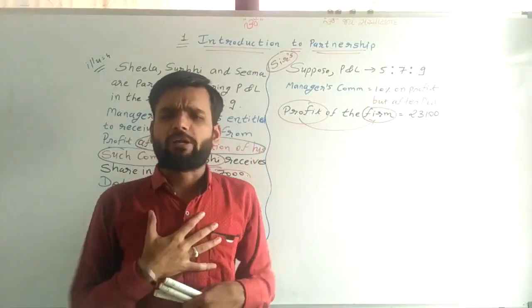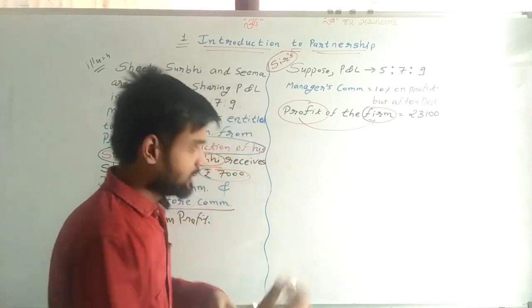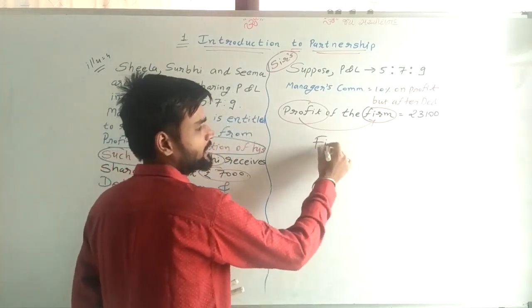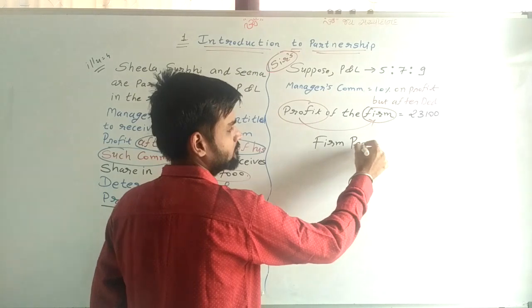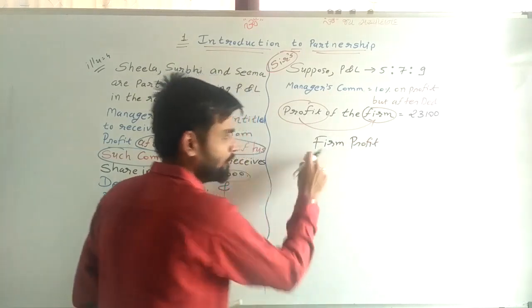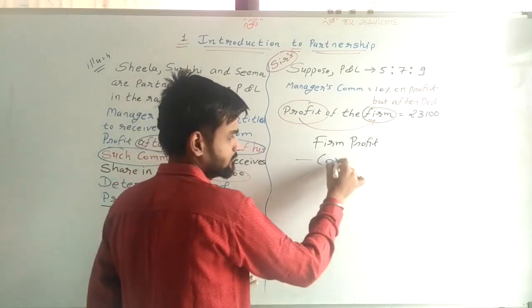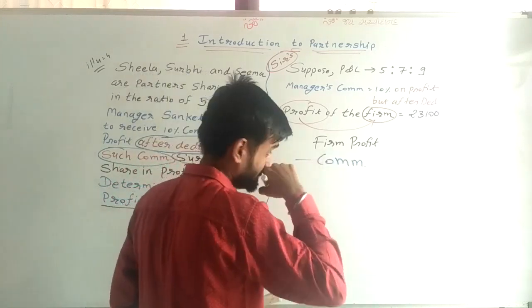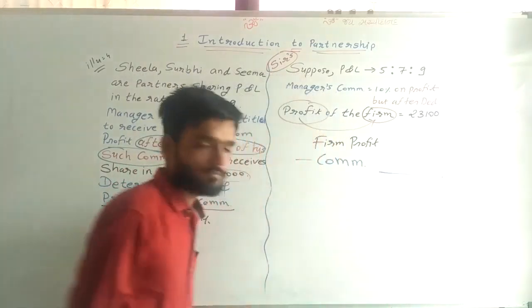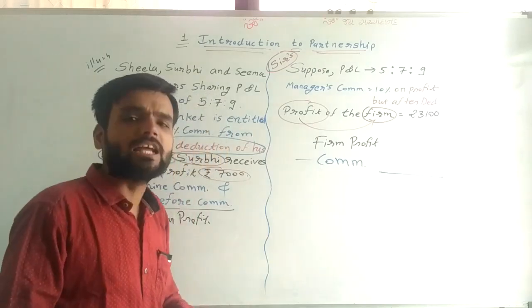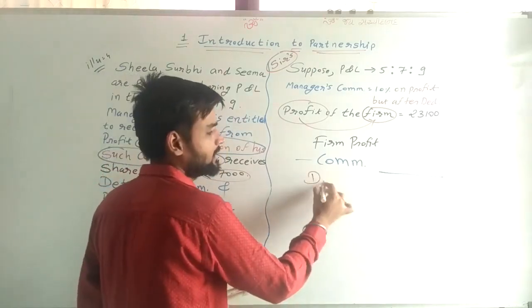First of all, I am writing my format. First write firm profit. From firm's profit we are deducting commission. Whatever the answer is, that answer is called divisible profit.